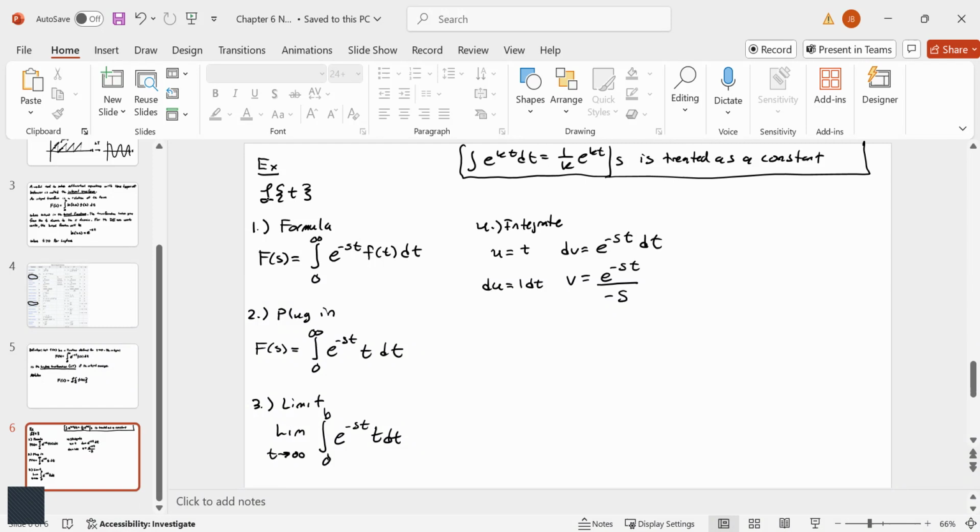So the integral then becomes the limit as b approaches infinity of u times v, so that times that, minus the integral, and I need a limit still, and it's b, not t going to infinity. Sorry, I just realized that.